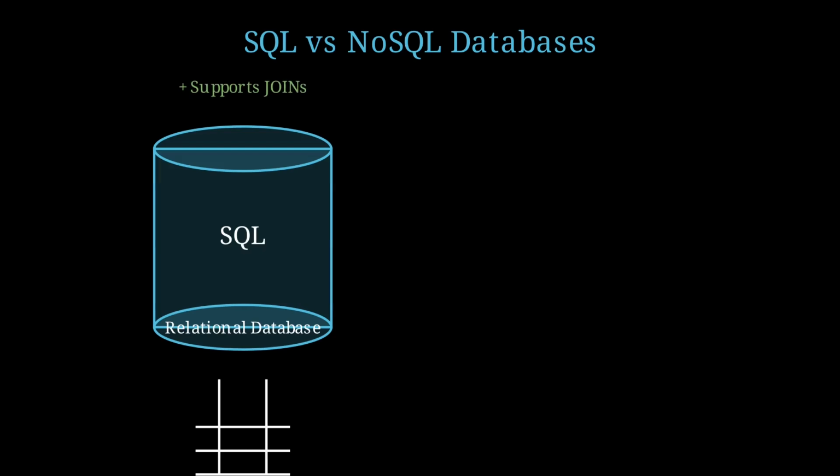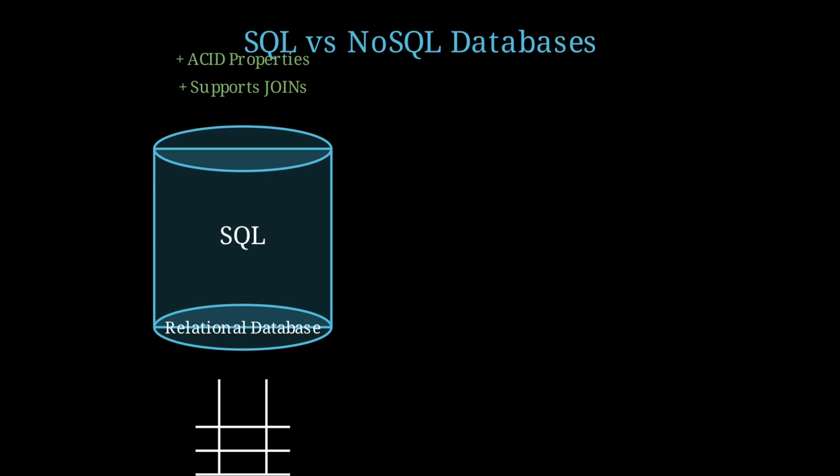If there are two tables and you make a join query, you fetch data from the two tables at the same time using joins. This joins concept is supported in SQL kinds of databases. At the same time, it also supports the ACID principles.